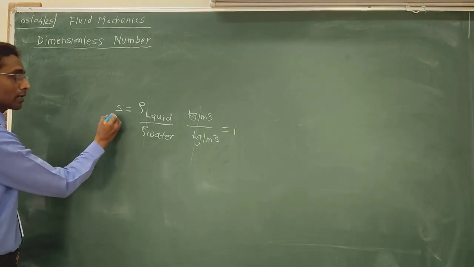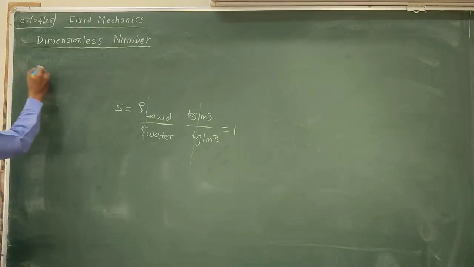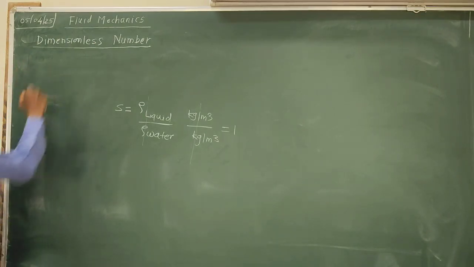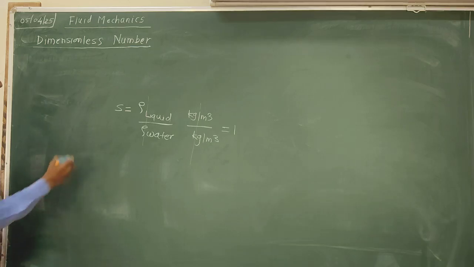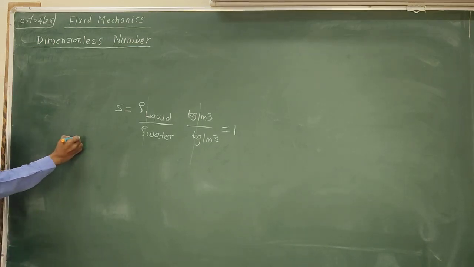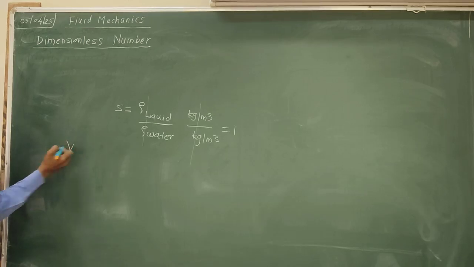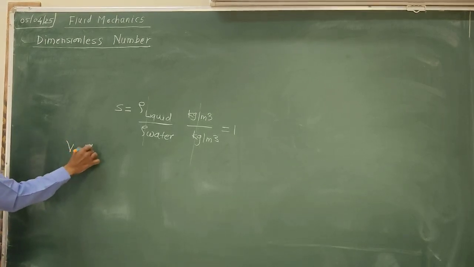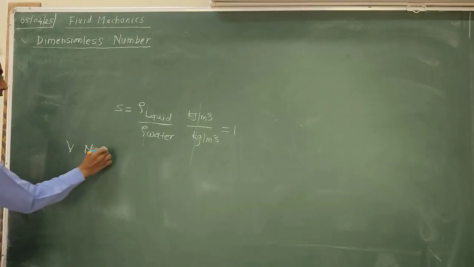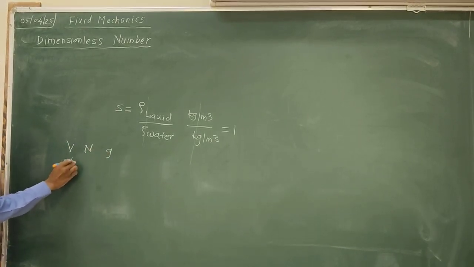But in this dimensionless number, we are going to study a group of some properties. Which properties? One is a flow property, one is a dimension property. The flow property indicates speed. G, V is the speed, N is the RPM. G is acceleration due to gravity. The unit of V is meter per second.